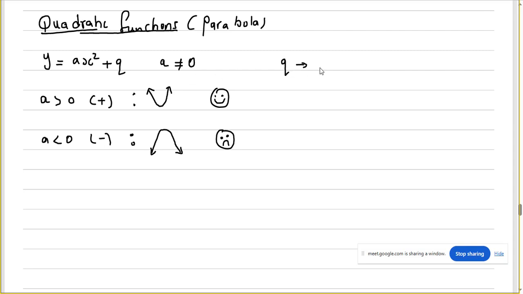Okay, so q will tell you the y-intercept, and the turning point.